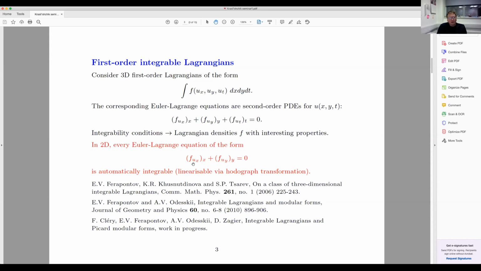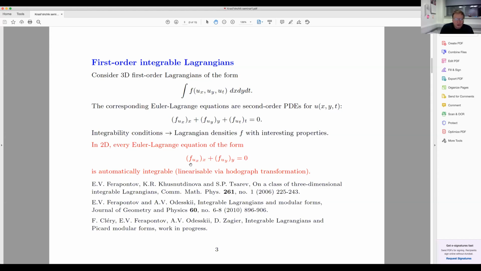If you denote u_x and u_y by new variables, say a and b, u_x is a, u_y is b, then for a and b you'll get a 2x2 quasi-linear system, which is linearizable by a hodograph transformation. So in 2 dimensions, every first-order Lagrangian is automatically integrable, it's just linearizable.